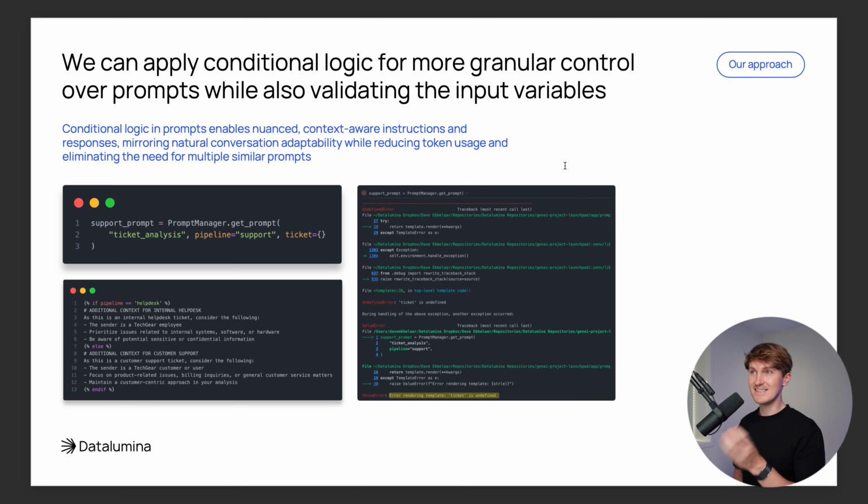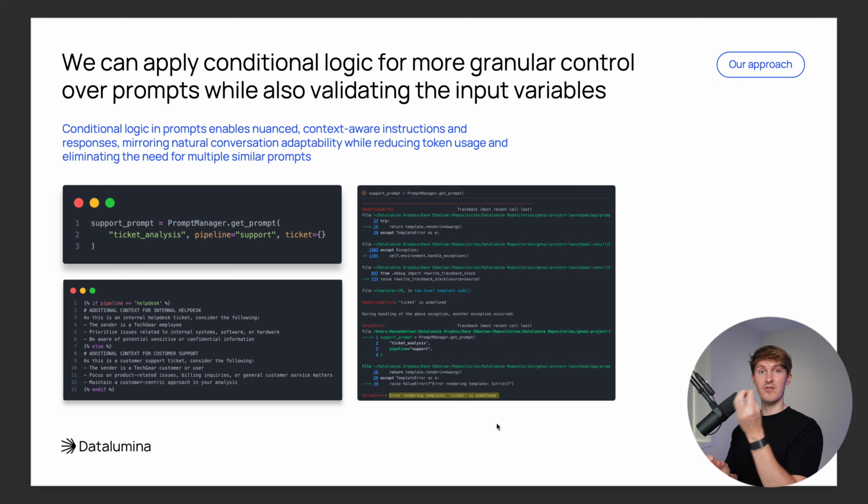So we can apply conditional logic for more granular control over our prompts while also validating the input, which is something I did not show, but here you can see if, for example, ticket is not undefined, you get an error rendering a template: ticket is undefined. So you have more input control over that.